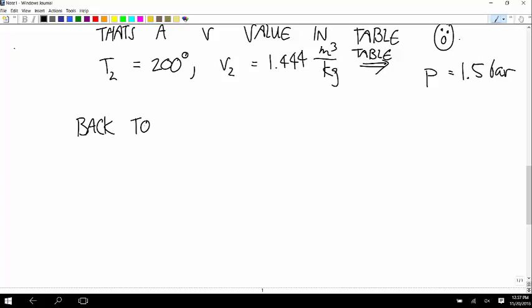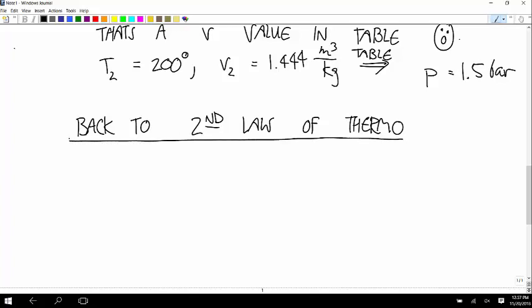So we're going back to the second law of thermodynamics. And there wasn't much that we did with the Clausius statement of the second law.